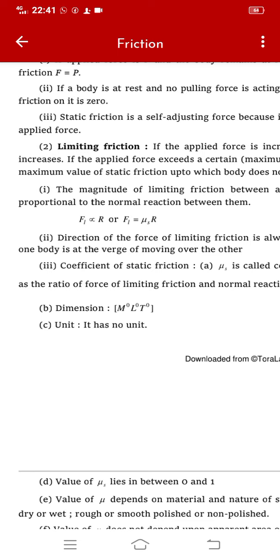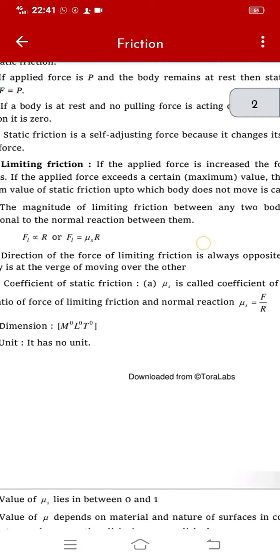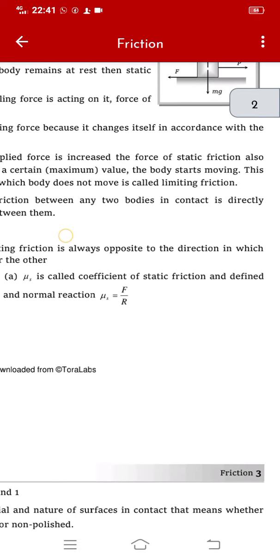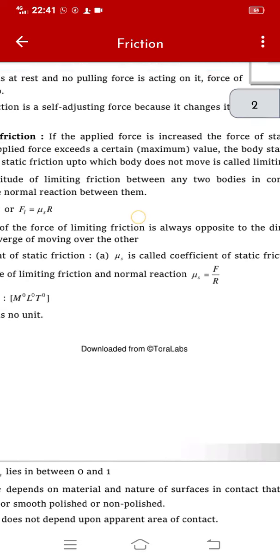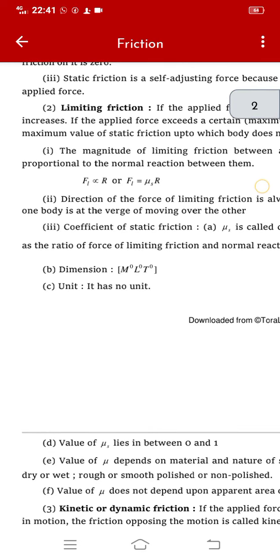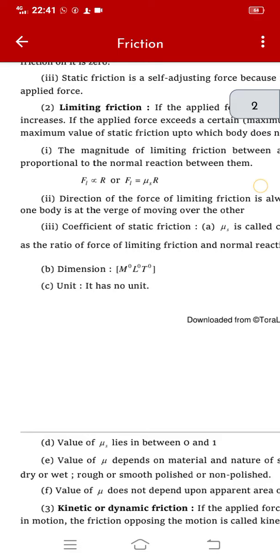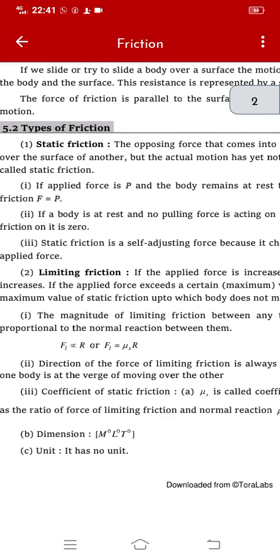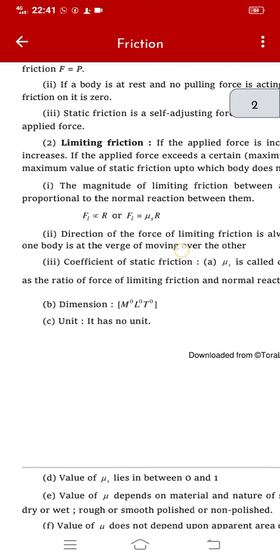Number two type of friction is the limiting friction. The force is applied and it increases, and the static friction also increases, up to the point where the body is about to move.